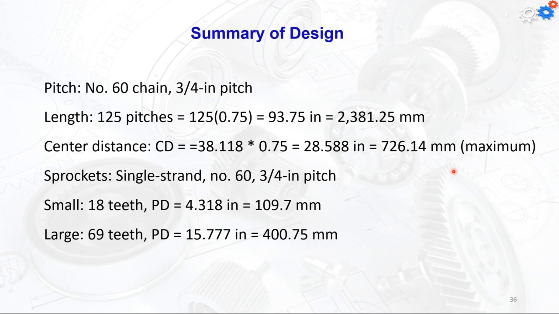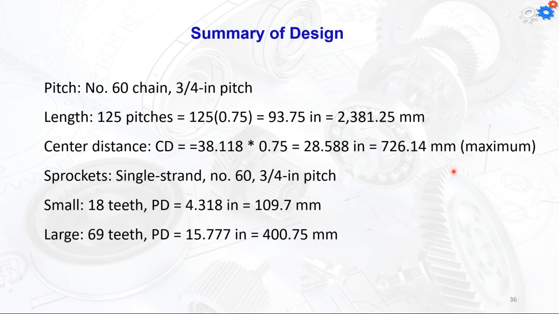Now, the summary of the design we had is that we're using the number 60 chain with a 3/4 inch pitch value. The length is going to be 125 pitches, which is going to be equal to 2,381.25 millimeters. That's the length of the whole chain. The center distance is going to be 726.14 millimeters. That's the maximum. Oh, by the way, when you saw the diagram, it was 1,000 something because I chose 18 teeth instead of 17.